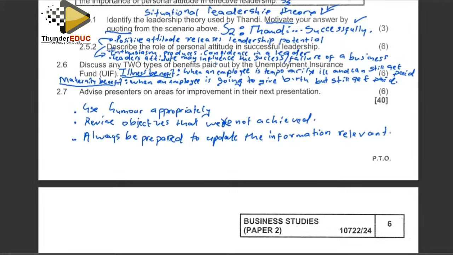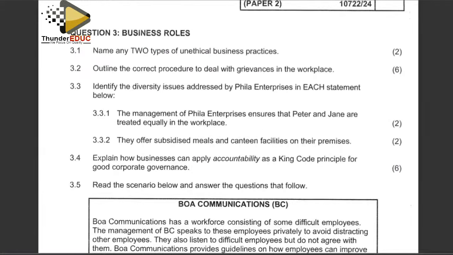Let's quickly jump on to question 3. So now question 3 is all about business roles, business responsibilities or duties. Okay, right, great talks. So now let's check any two types of unethical business practices.